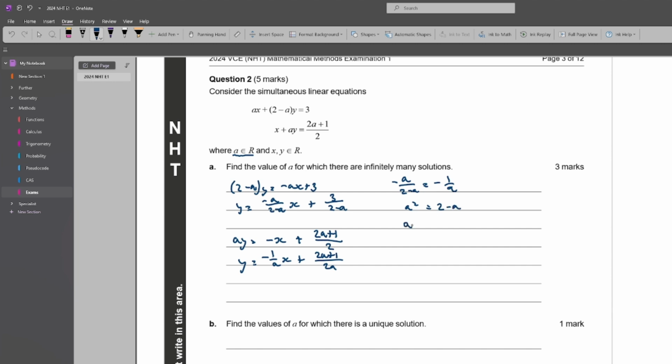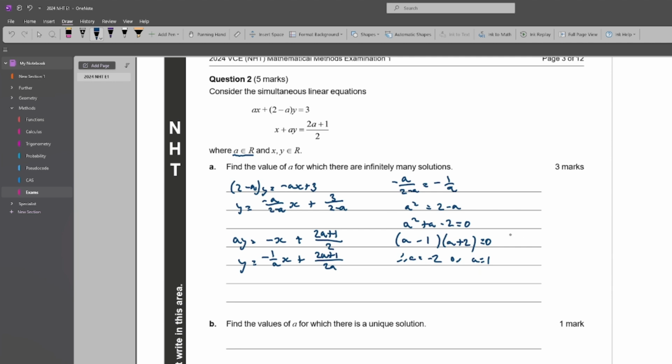Let's bring everything to one side. Factorize. We'll have minus 1 plus 2. Therefore, a equals minus 2 or a equals 1.